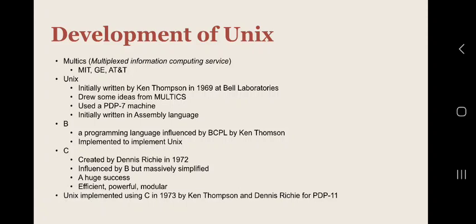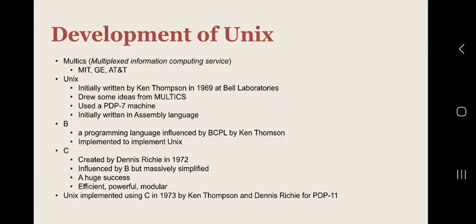Unix was initially written in assembly language at the time, and Ken Thompson also worked on a language called B, which was influenced by BCPL. Ken Thompson's idea to develop B was to develop Unix.